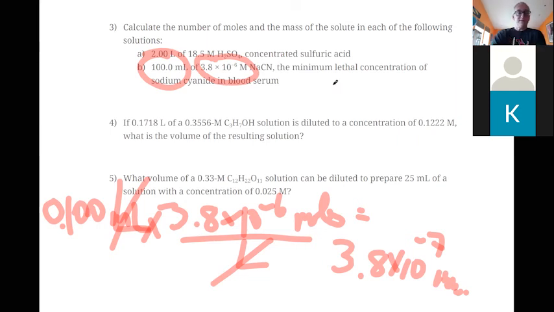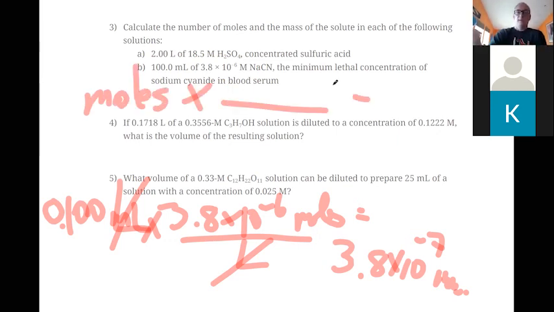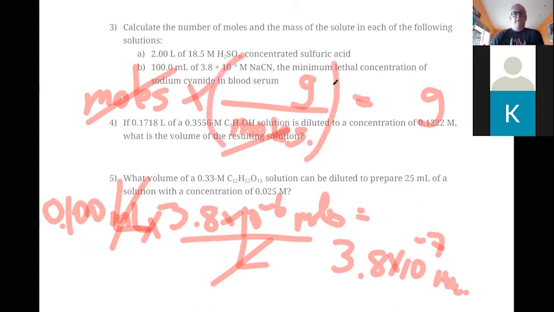Always make sure you have your units around. If I have moles and I want grams, I want grams on top and moles on the bottom. So this is my molar mass here, grams per mole.